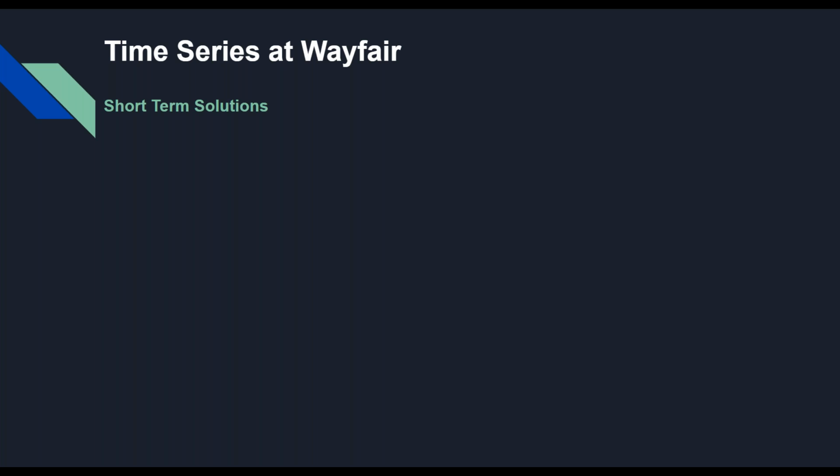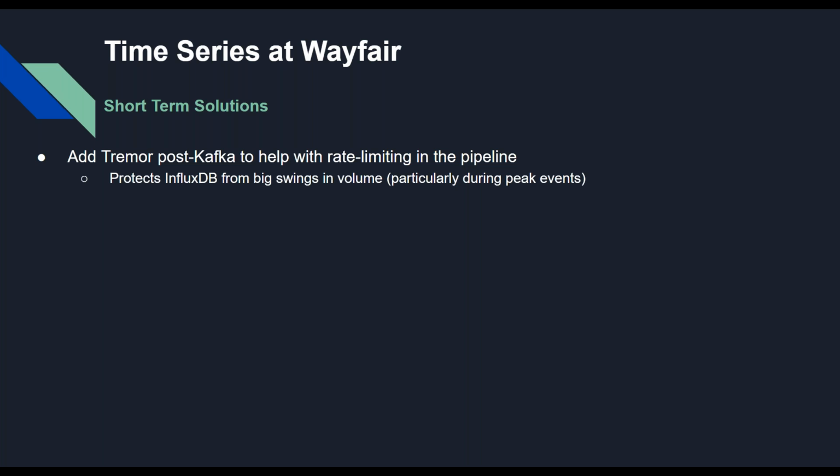And so, being the engineers that we are, we first focused on some short-term solutions. The first thing that we did was leverage a tool that we wrote internally at Wayfarer called Trimmer. This is a tool that allowed the metrics and logging teams to move data around our pipeline, replacing Logstash within the ELK stack that we had.